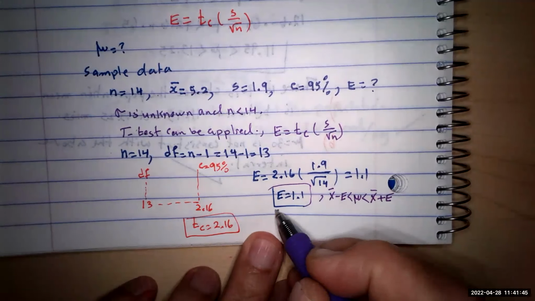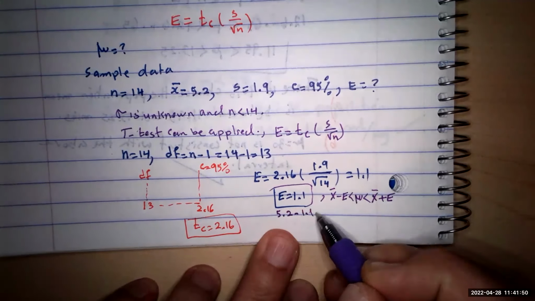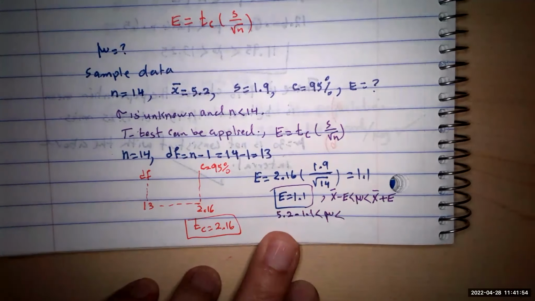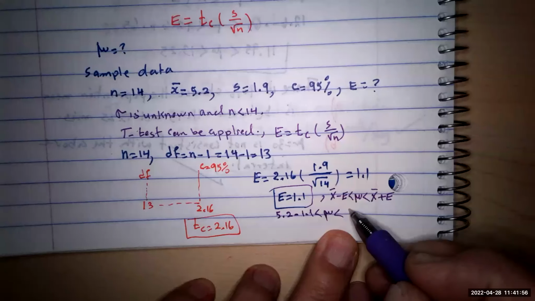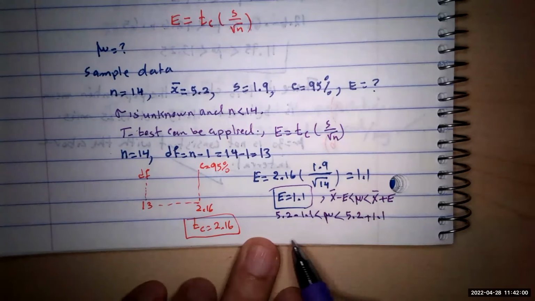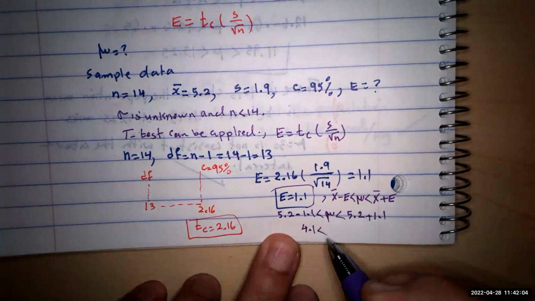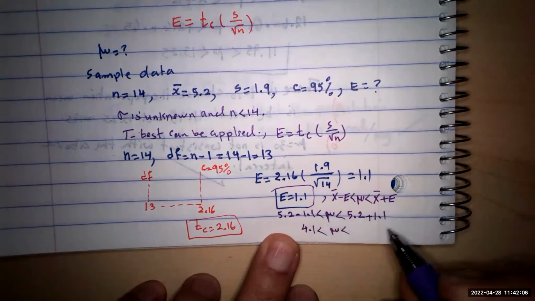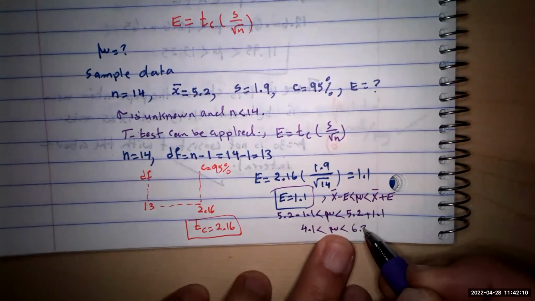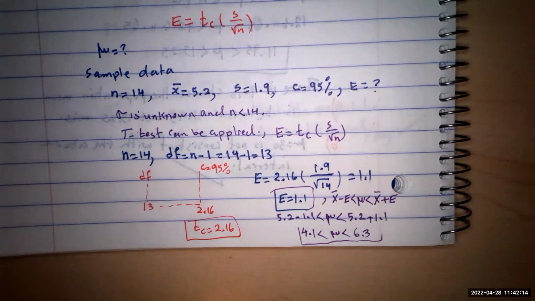So it's going to be 5.2 minus 1.1 less than mu, and mu is going to be less than 5.2 plus 1.1. So you subtract this one, that gives you 4.1, less than mu, and this would be 6.3. So something like between 4 and 6.